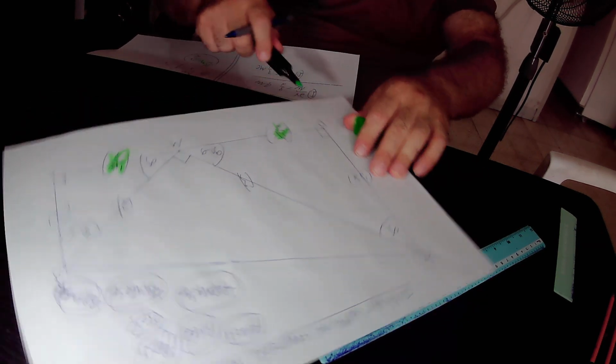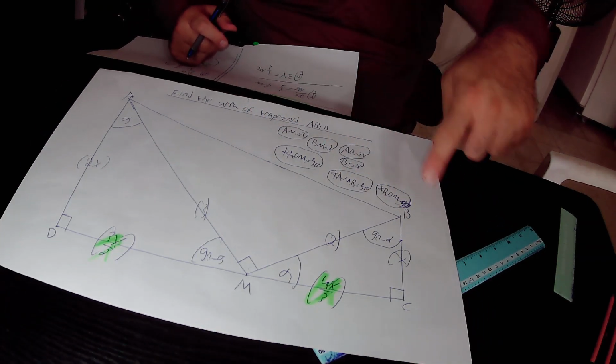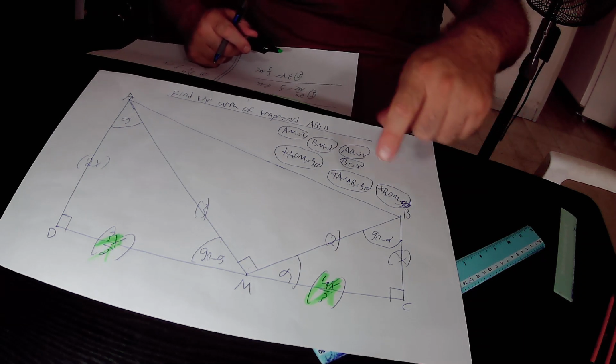In the next step, I'll copy this whole right triangle BMC to a new page, and we will implement the Pythagoras theorem on this right triangle BMC.